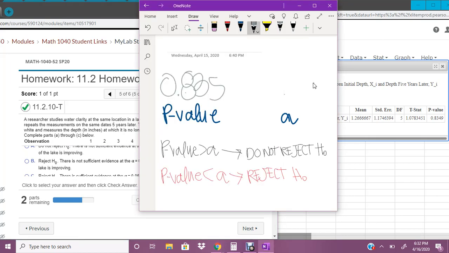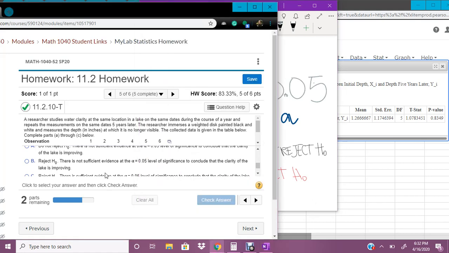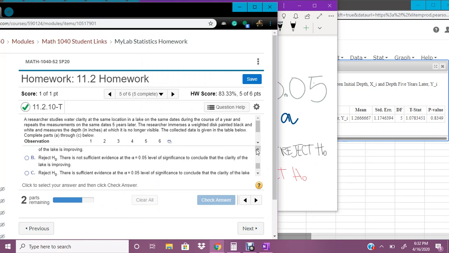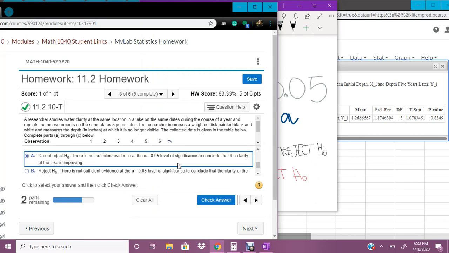Okay, 0.05. And so it looks like that. So we're not going to reject the null hypothesis because there's not sufficient evidence to conclude that it is improving.